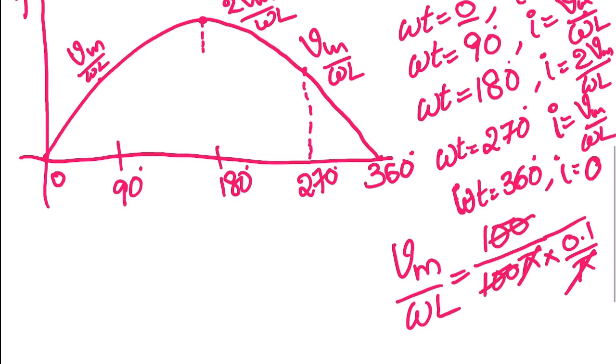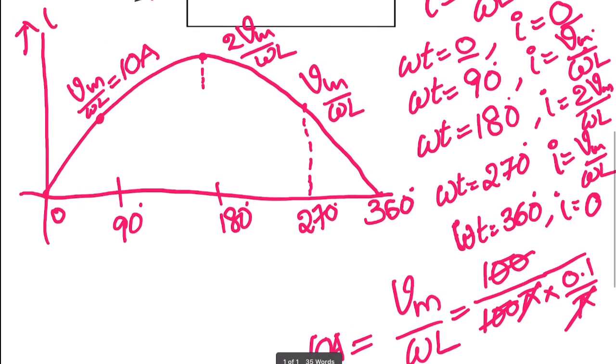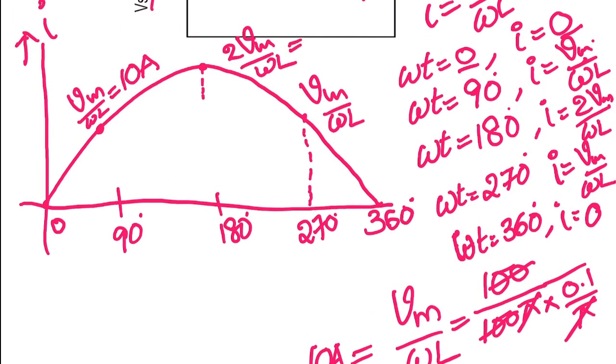It is 1 by 0.1, which becomes 10. So here it will be 10 amperes, and 2 Vm by omega L will be 20 amperes. This value becomes 20 amperes, this value becomes 10 amperes, and this current will be 0.